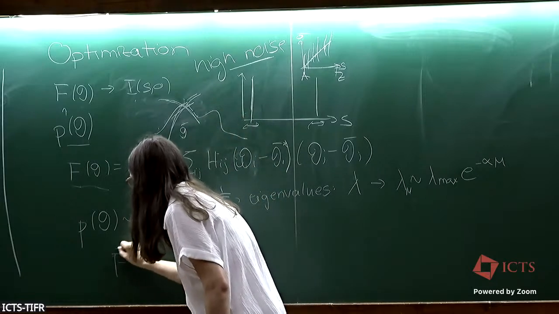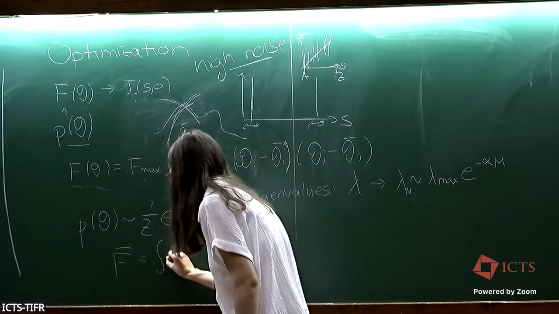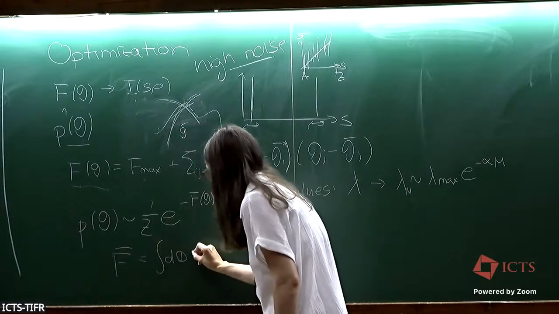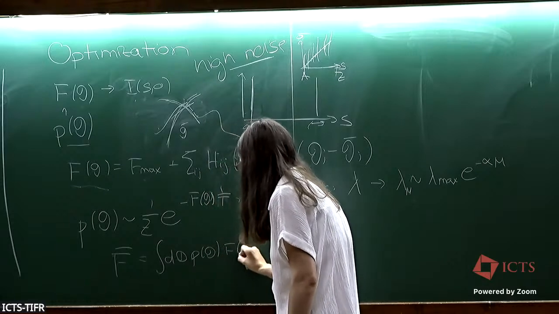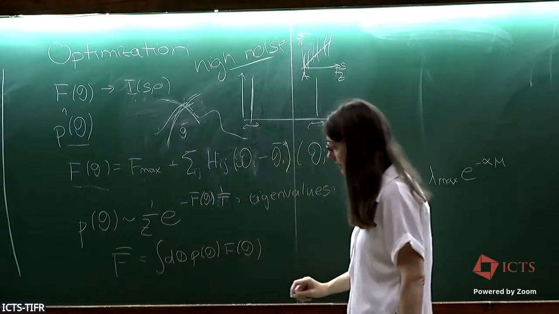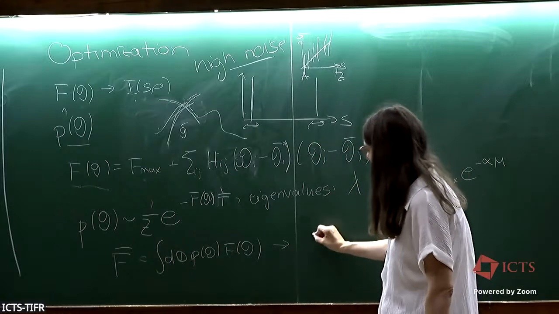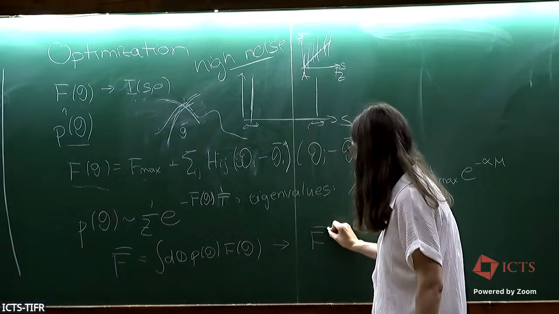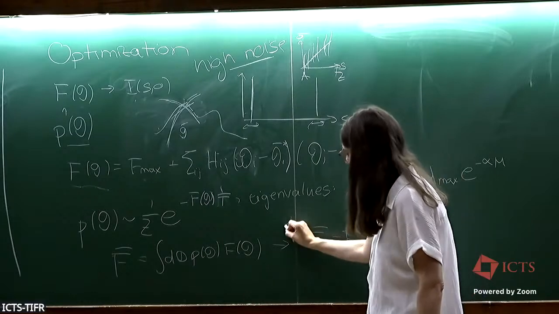Let me say I want to now calculate a mean cost function, which I can of course do. That's just integrating over my parameters theta, p(theta) f(theta). And now I want to calculate how far this mean is from the maximum of my cost function. So I want to calculate some sort of delta f.